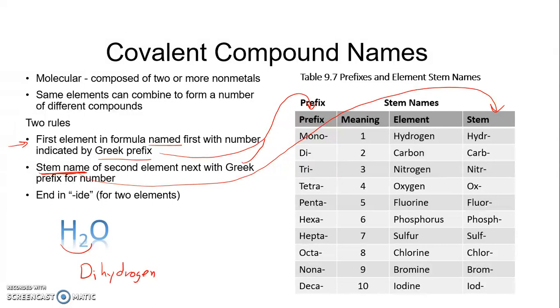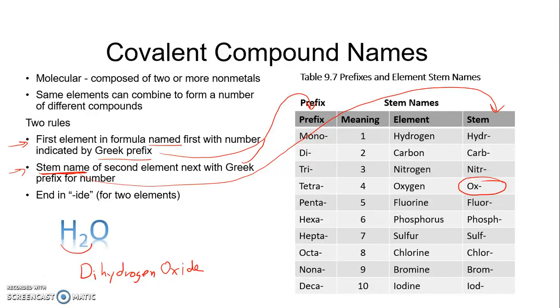That's the first element. The second name, we use a stem. It's oxygen, so we're going to use the stem name ox, and then end with ide for a compound with just 2 elements. So the official covalent compound name for water is dihydrogen.